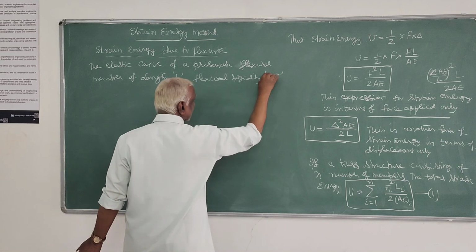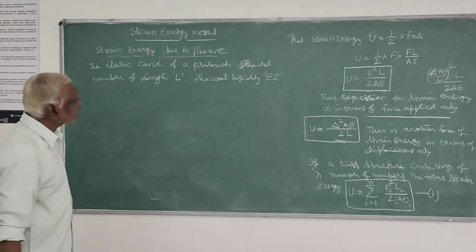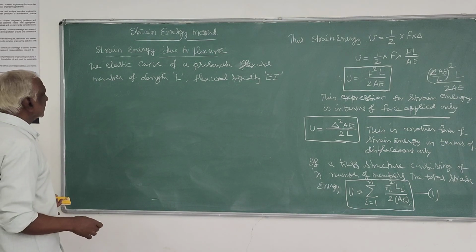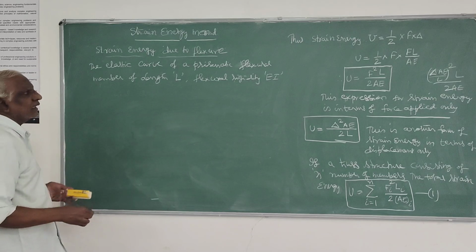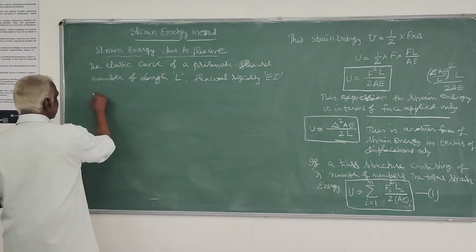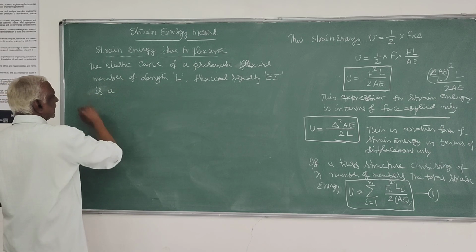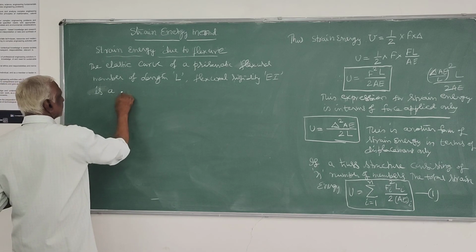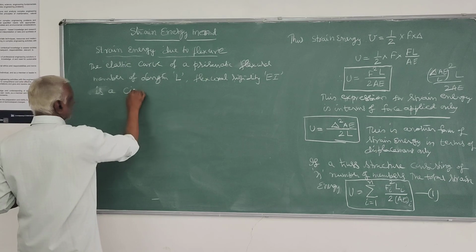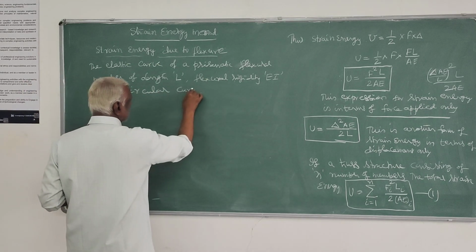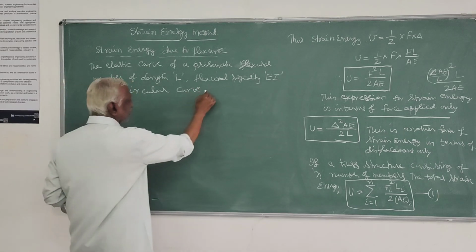There we took axial rigidity; here we take flexural rigidity EI. The elastic curve of a prismatic flexural member of length L and flexural rigidity EI will be a circular curve, that you know already, again from strength of materials.